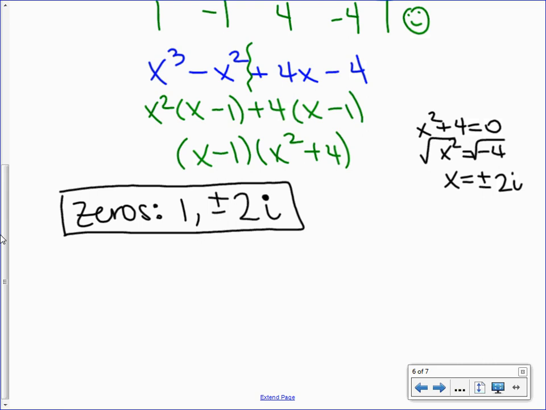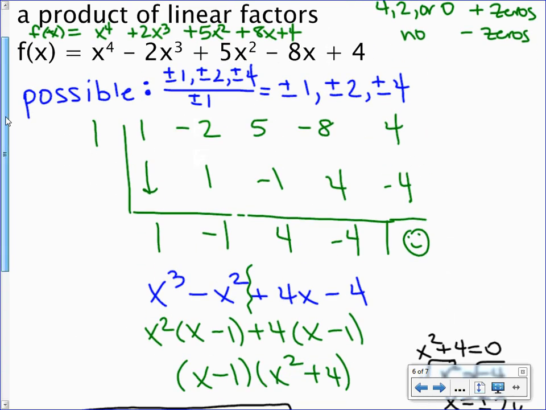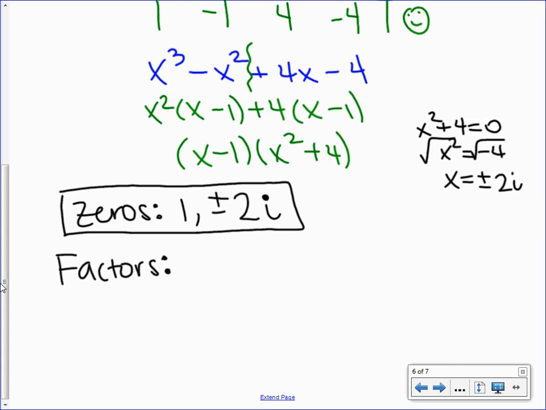Now, it asks for the product of linear factors. This is what we talked about yesterday. We had a degree of, how many factors should we have? 4. Okay, we have a 0 of x minus 1.